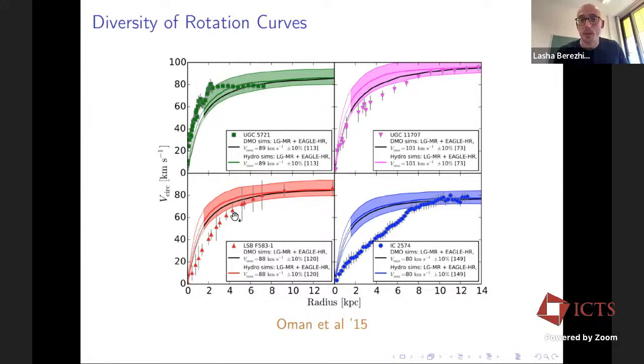As you can see here, these bands indicate the simulated galaxies, while these data points are the data for rotation curves. The question is, what is responsible for this difference? In these simulations, dark matter is simulated as an N-body simulation, as usual, and the visible stuff is simulated by hydrodynamics.